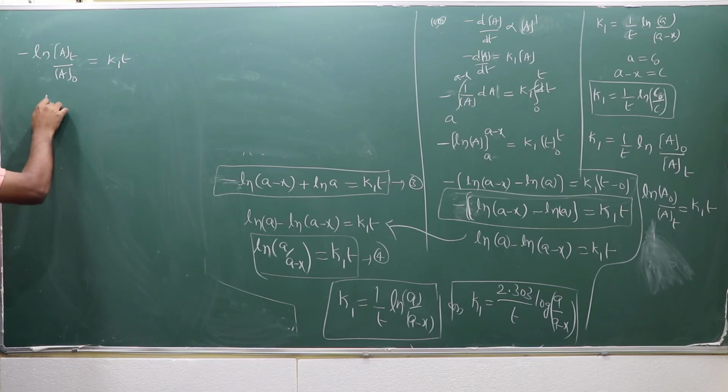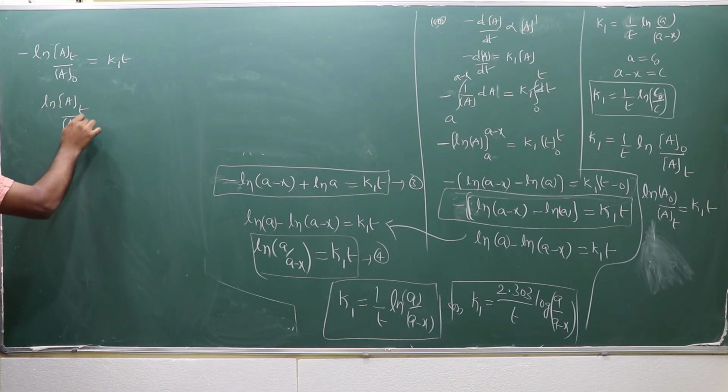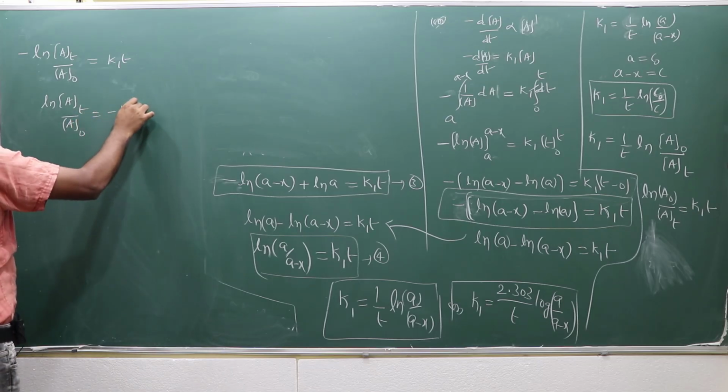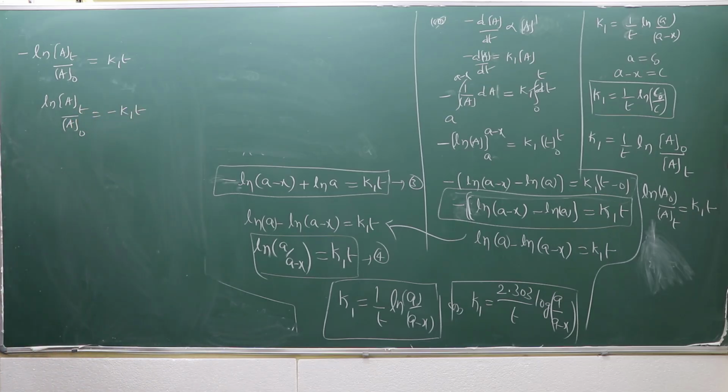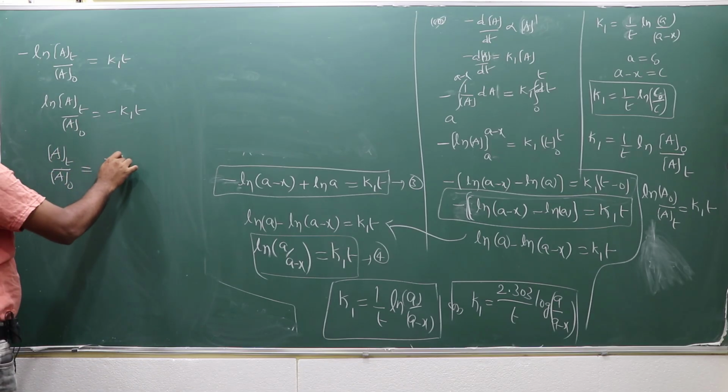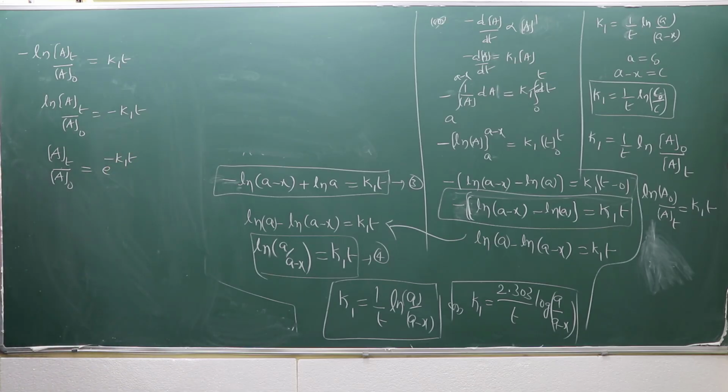Shifting this to the right side, ln At by A naught is equal to minus K1 into t. So with base e, At by A naught is equal to the exponential factor, e to the power of minus K1t.